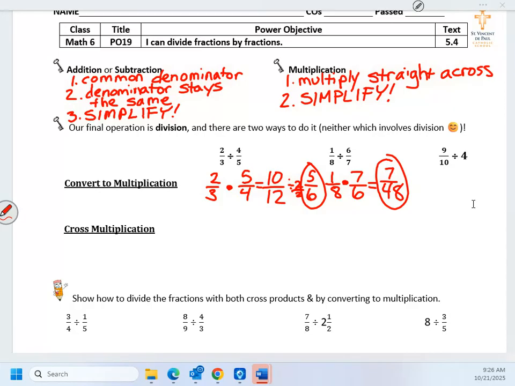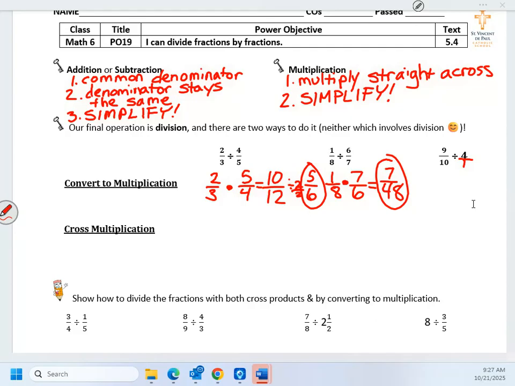Let's look at our next one. What do I set my equation up as? Rhoda? You need to give the 4 a denominator. I need to give the 4 a denominator, so I make it a fraction. Now what do I do? Jack? You flip the 4 over 1 around to be what?